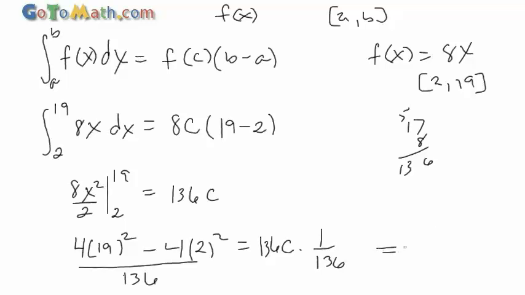So I end up with c is equal to, I gotta turn on the light here so I can see what's going on, 21 over 2 it looks like. 21 over 2.